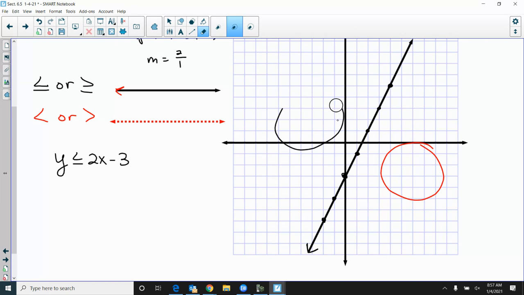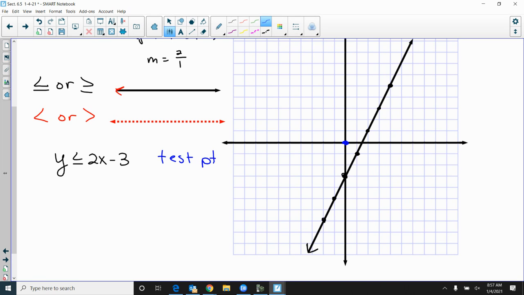I'm going to erase this for now because this isn't part of our answer. As long as 0, 0 is not on the line, use that as your test point. Test point is 0, 0. Just like you did before, plug it in, plug in 0 for y, plug in 0 for x, and see if that final statement is true.